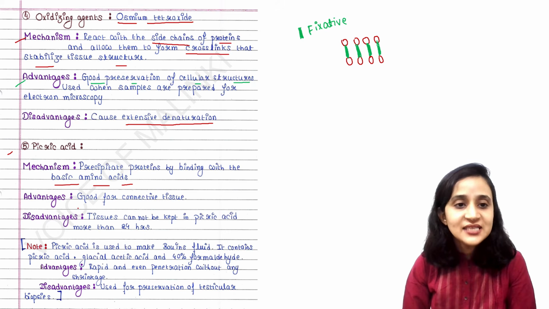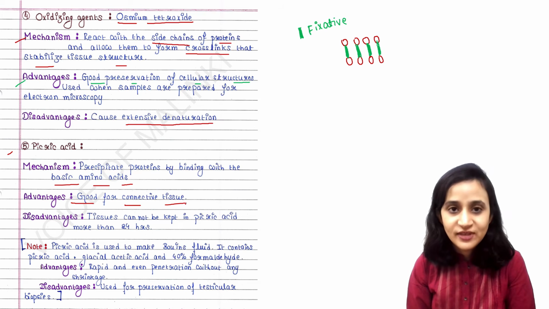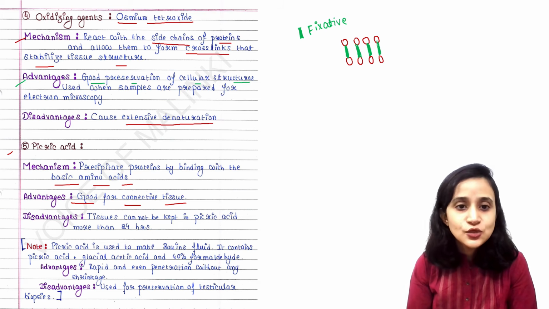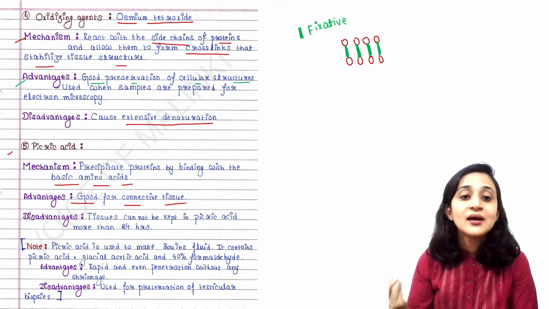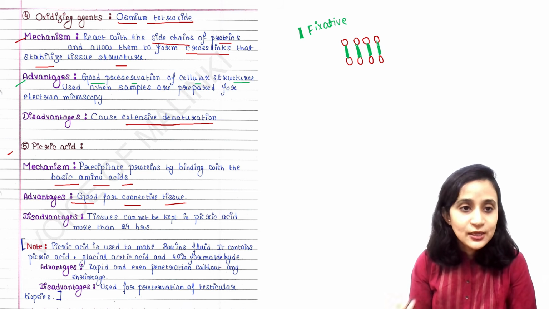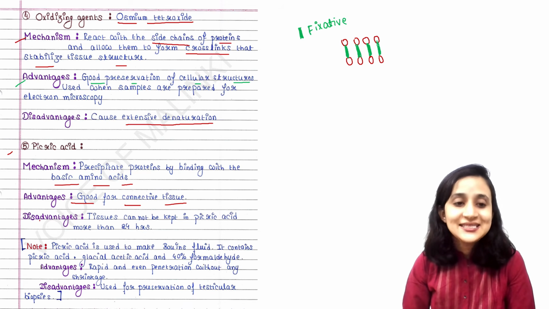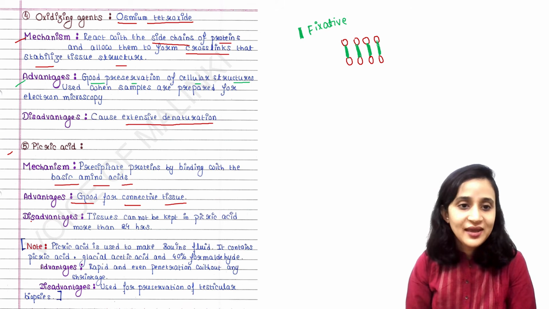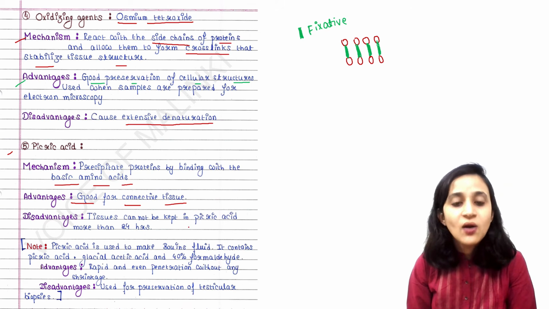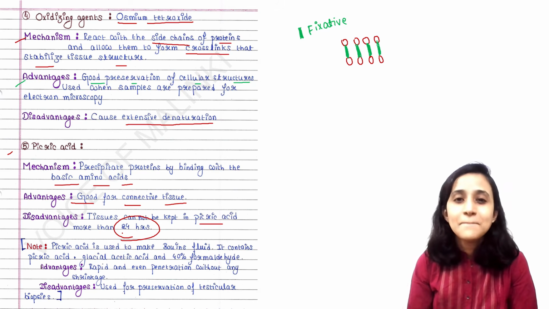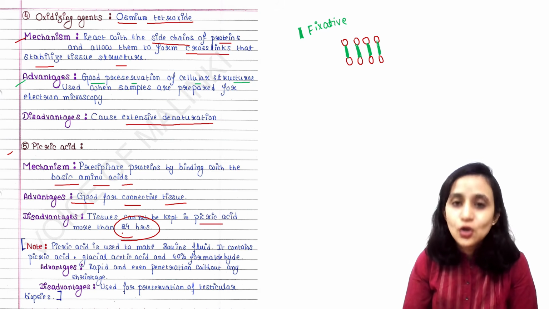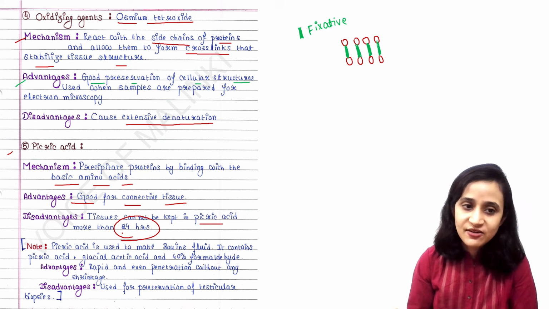The advantages of using picric acid are that they are good for connective tissue. If we need to check something in connective tissue, we can use picric acid. Disadvantages of using picric acid: tissues cannot be kept in picric acid for more than 24 hours because it is a little bit toxic. So that is the disadvantage.